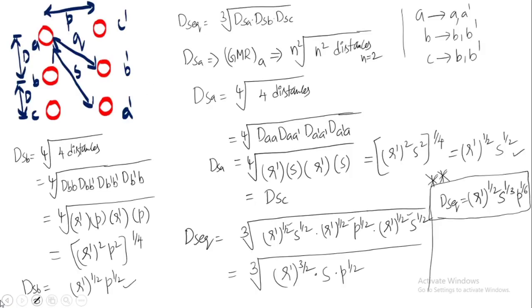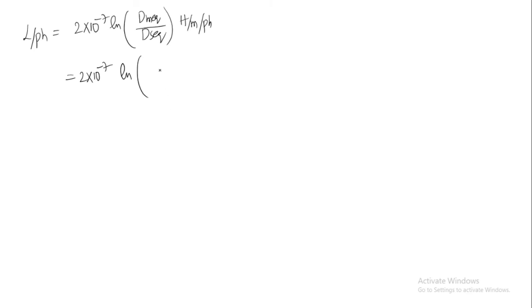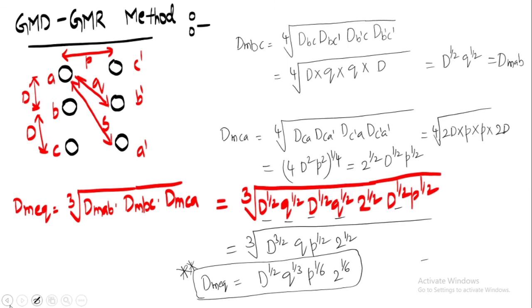Dm equivalent is this one: d power 1 by 2, q power 1 by 3, p power 1 by 6 and 2 power 1 by 6, divided with DQP completed. So DQP.